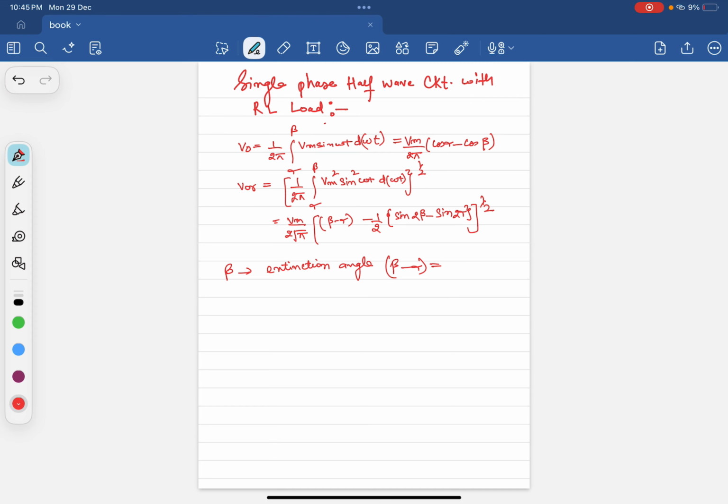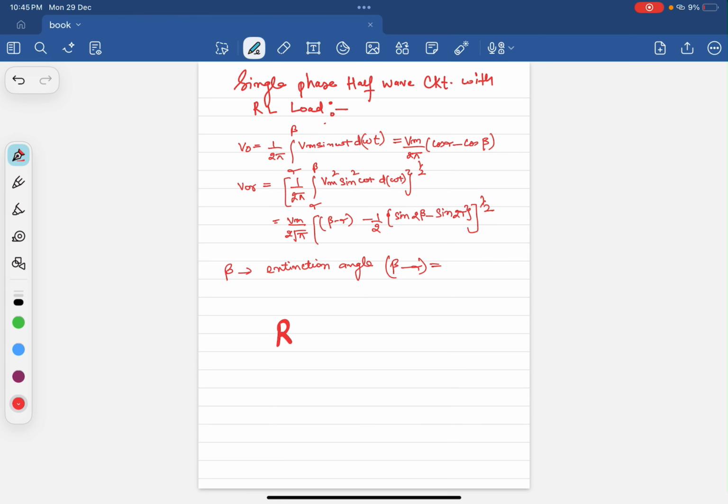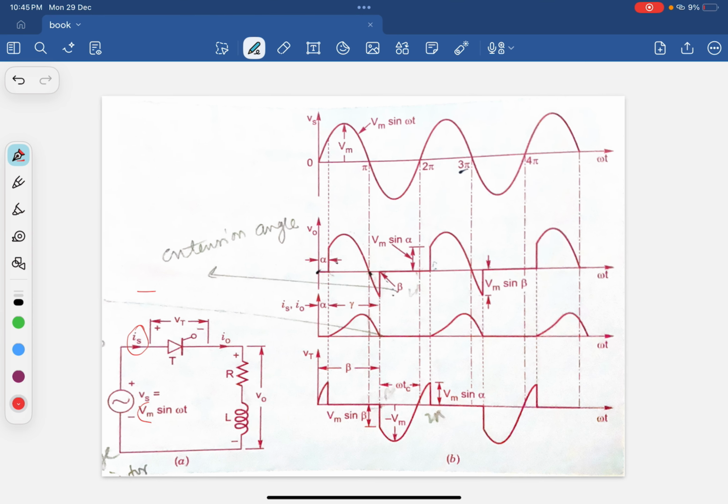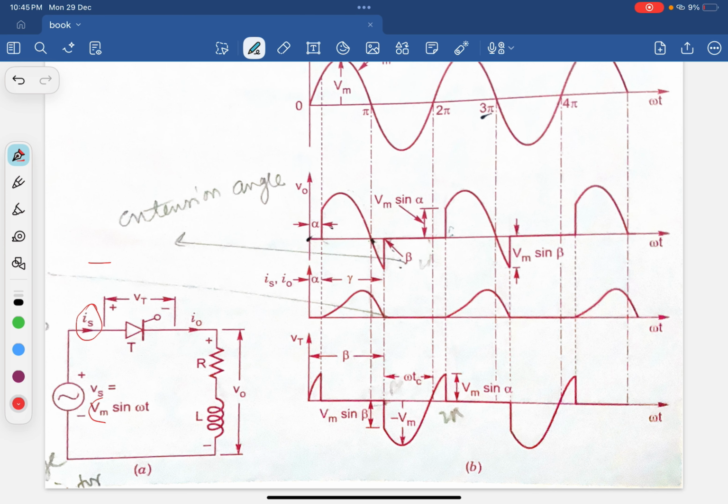Today we will discuss the single phase half wave circuit with RL load. As in the previous class we have discussed only with R load and we have observed the output voltage and also the RMS. Here as you can see in the figure, Vs is the supply voltage, that is Vm sin omega t, where T is the thyristor, Is is the supply current, and the voltage across the thyristor is Vt.